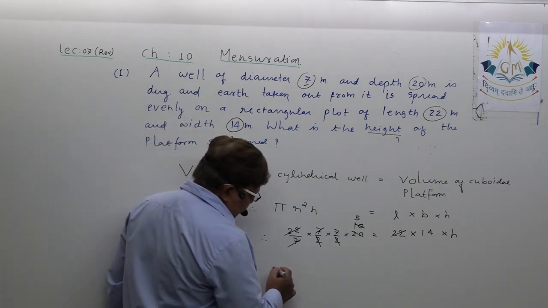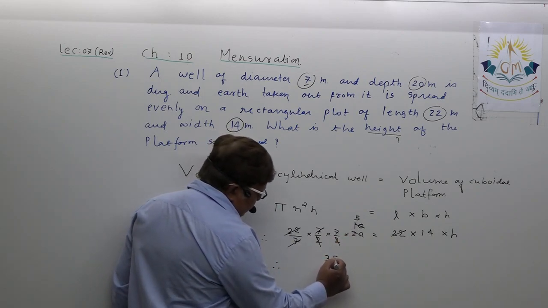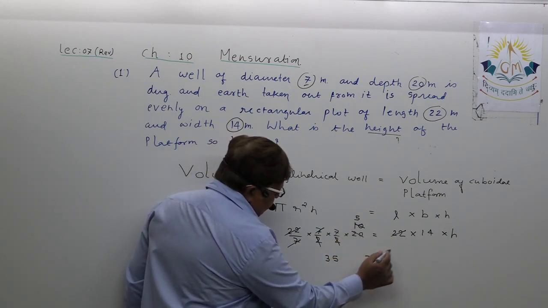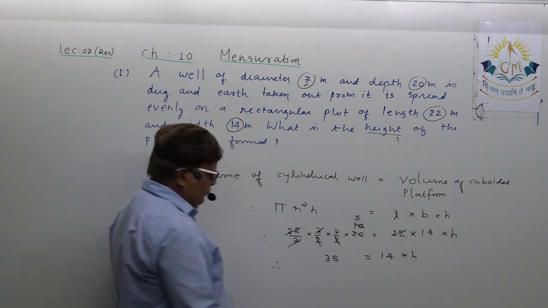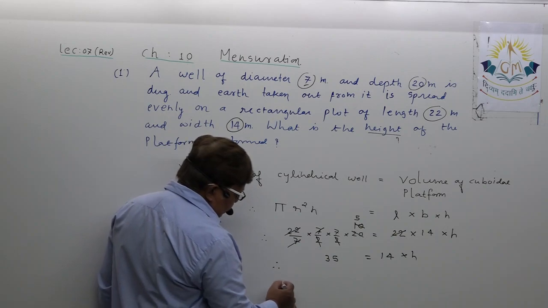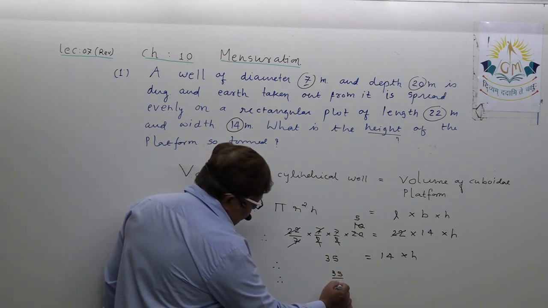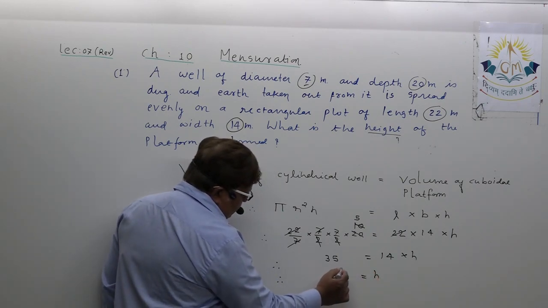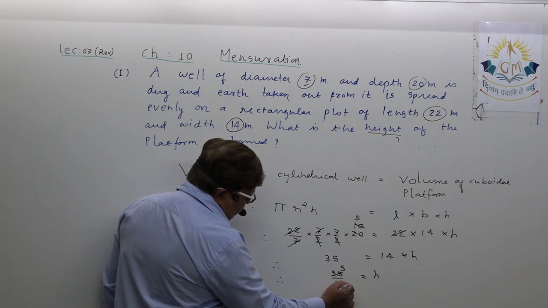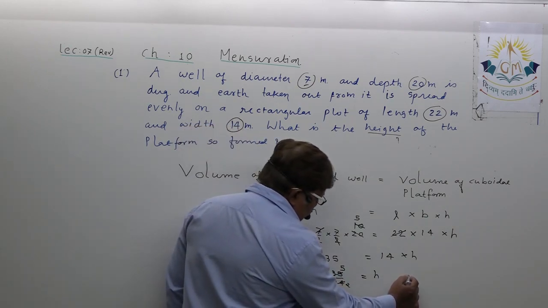So what is left here? 7 into 5, 35. What is left here? 14 into h. Transfer 14 here, dear student. 35 upon 14 equal to h. 7 fives are 35, 7 twos are 14.